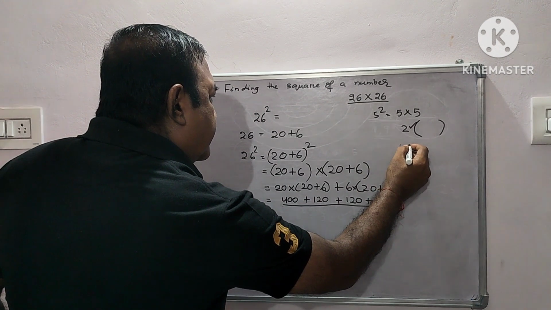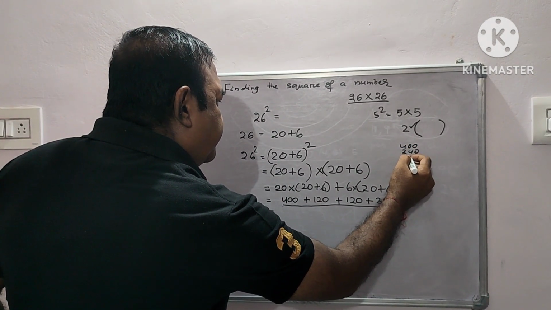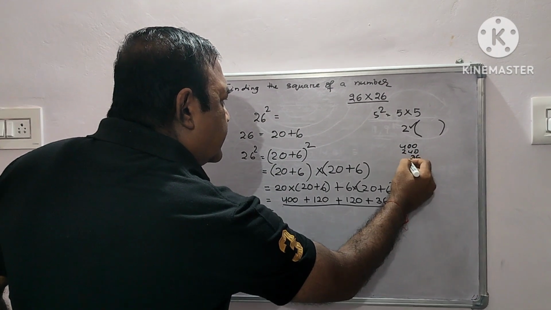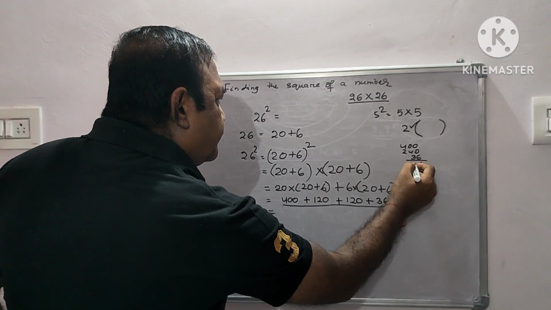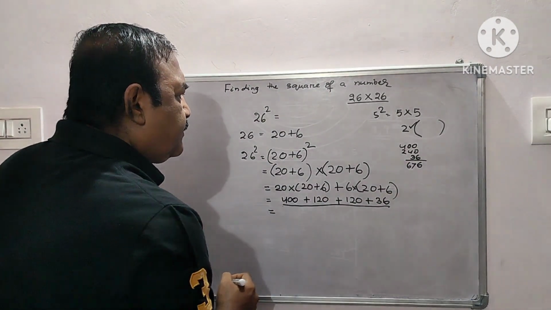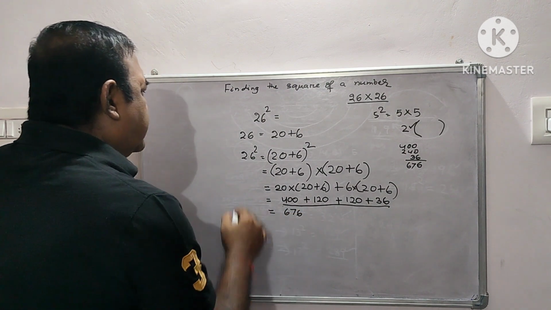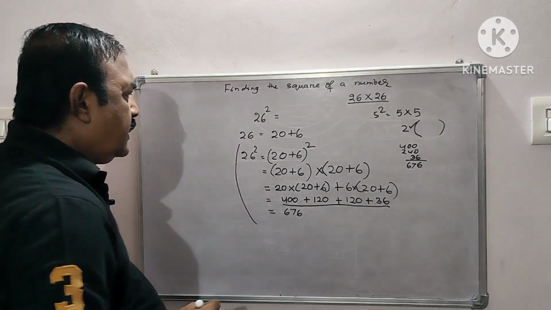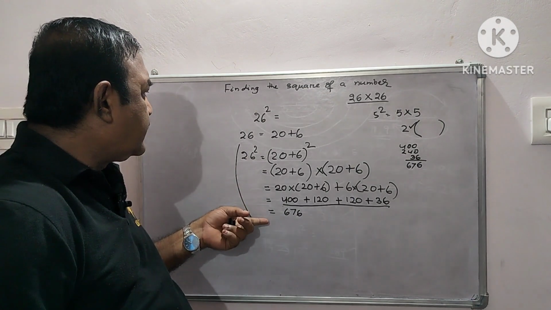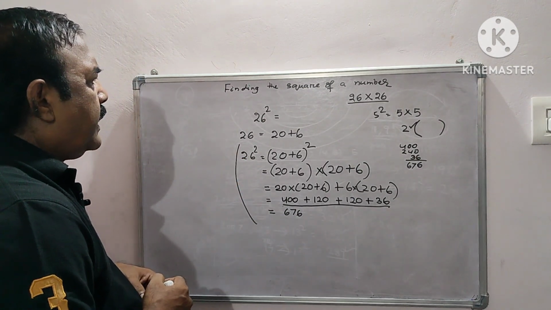So 400 plus 240, then 36, you see, 676. Am I right? Yes. We may also solve like this. We should know this process, how to get it, how to solve it. Okay?